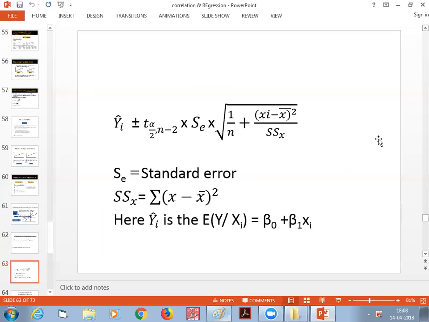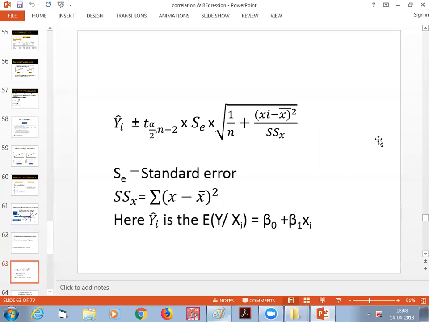This is the estimated value of y plus or minus t alpha table value into standard error. If you take yi cap minus this value, it is the lower value. If you take yi cap plus the right side value, it is the upper value.